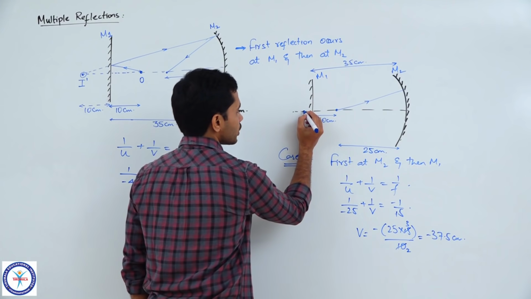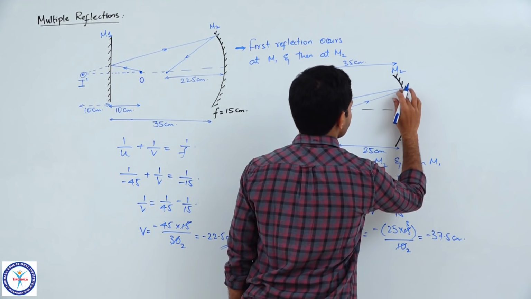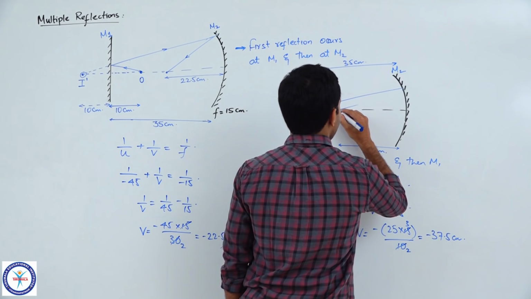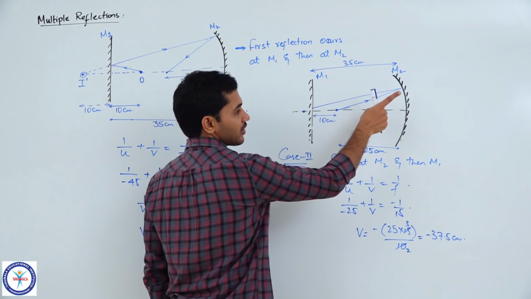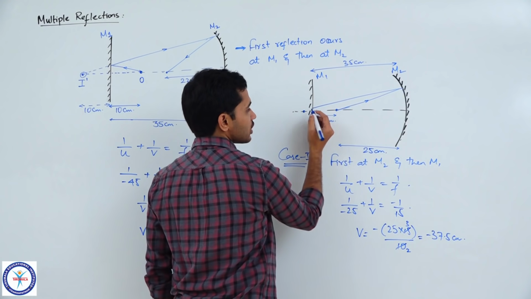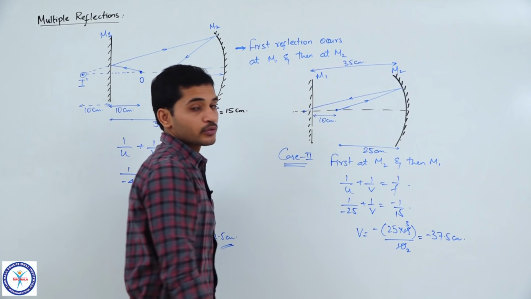So, this is that point. The light rays are trying to converge here. This is what is happening basically. This light ray after reflecting from the concave mirror is trying to reach this position. So, this is how the ray diagram would be.